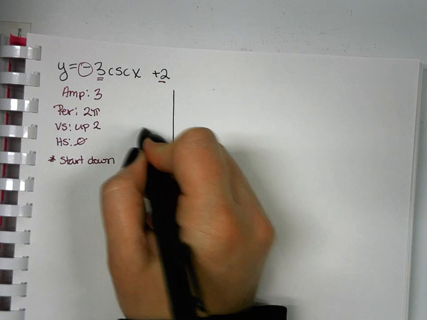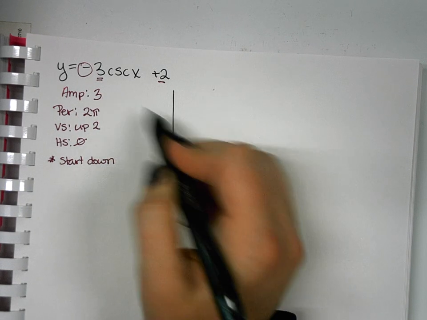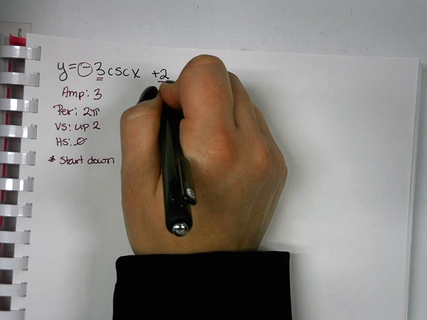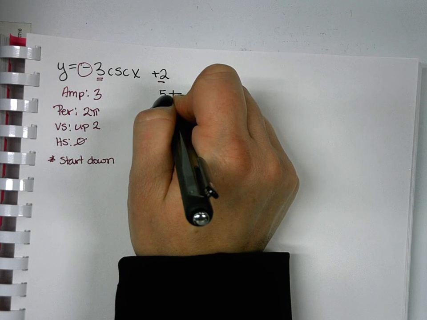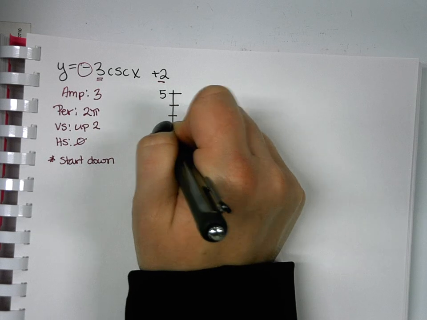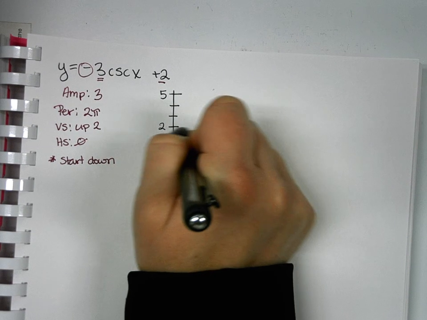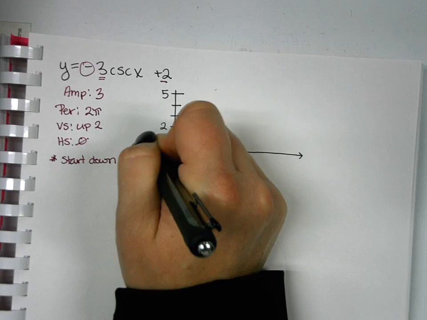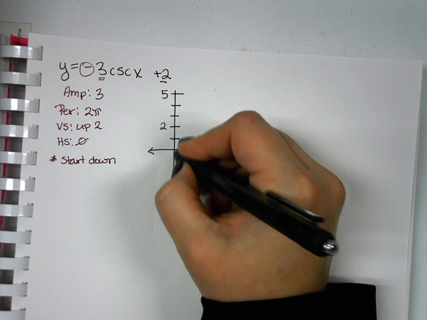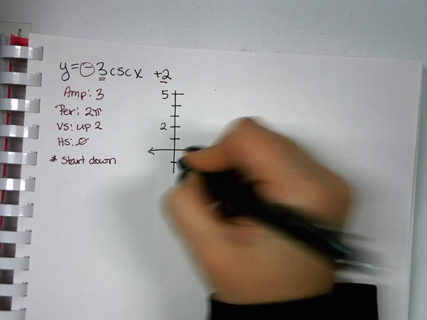So I need to make sure I can go an amplitude of 3 with a vertical shift of up 2. So that means my highest point has to be 5, 2, so there can be my x-axis, and I need to be able from 2 to go 1, 2, 3 for my amplitude.